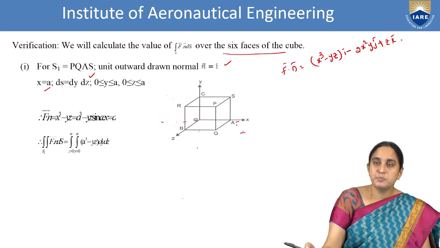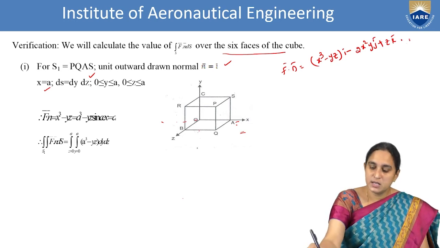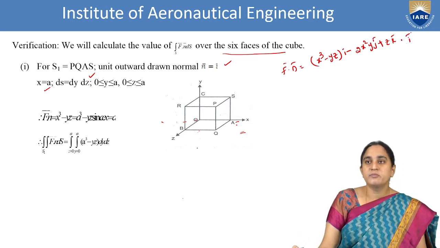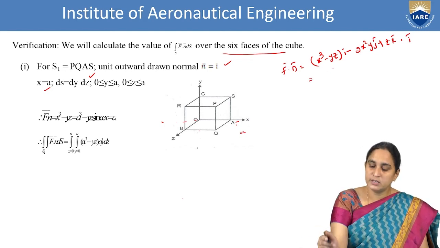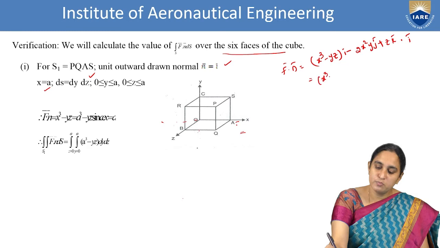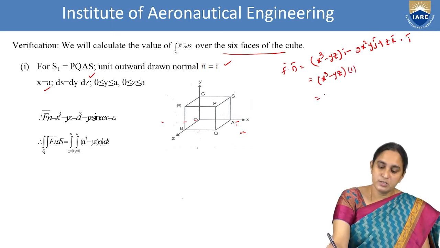This is multiplied with n bar. What is n bar here? That is the outward unit normal vector i bar. Then the dot product of both vectors: x cube minus yz is the coefficient of i bar for the first vector, and n bar is i bar, with coefficient 1. Therefore, this is x cube minus yz.